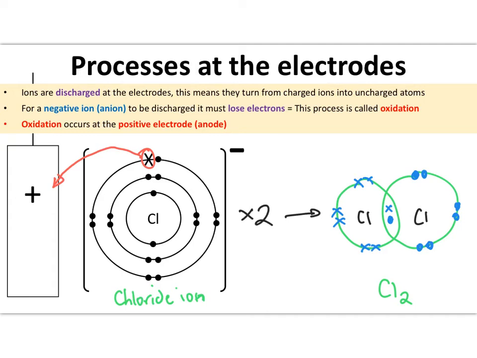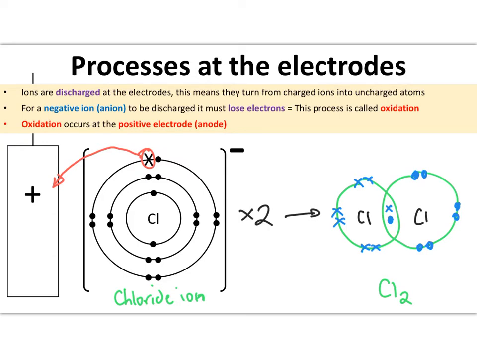In doing so, two chlorine atoms have come together to form the chlorine molecule, because that's how chlorine exists in its elemental form. It's a diatomic molecule, and so we get chlorine produced, and essentially we've liberated the element from the original ionic compound.